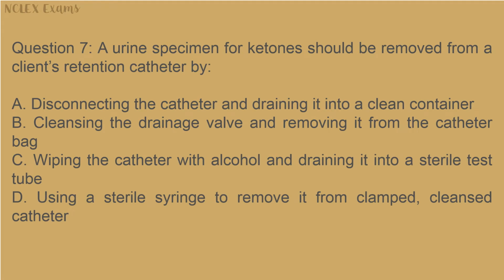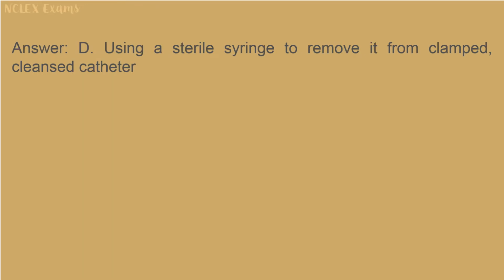Question 7. A urine specimen for ketones should be removed from a client's retention catheter by A. Disconnecting the catheter and draining it into a clean container. B. Cleansing the drainage valve and removing it from the catheter bag. C. Wiping the catheter with alcohol and draining it into a sterile test tube. D. Using a sterile syringe to remove it from the clamped, cleansed catheter. Answer: D. Using a sterile syringe to remove it from the clamped, cleansed catheter.